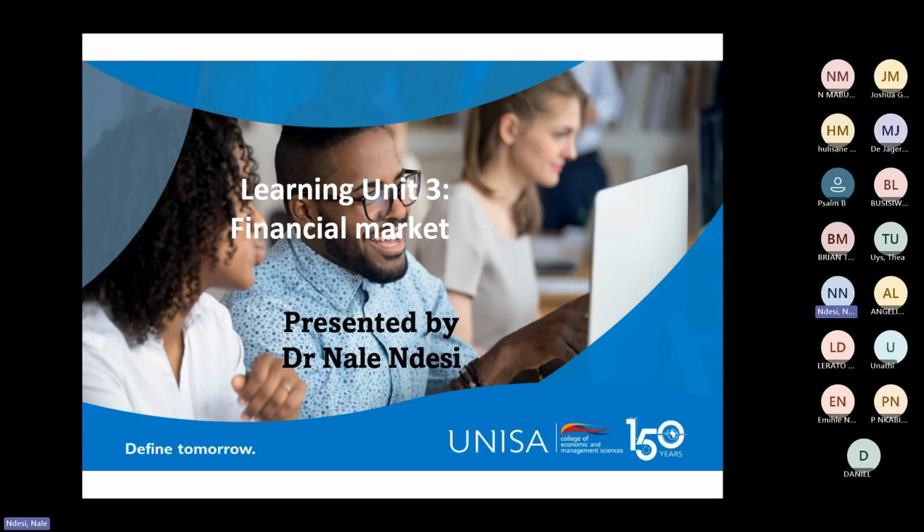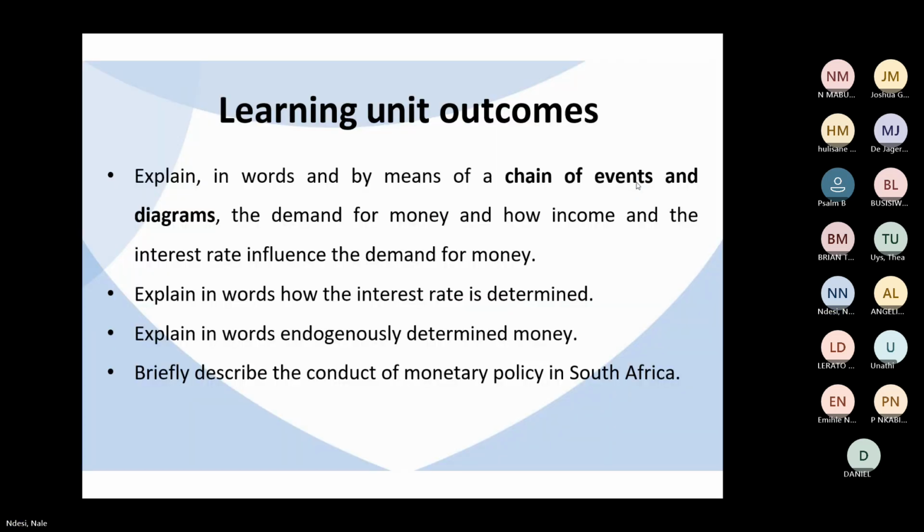Let me start with today's session. Today we are covering the financial market, which is your Learning Unit 3. Once you have worked through this learning unit, you should be able to explain in words, by means of chain of events and diagrams, the demand for money and how income and the interest rate influence the demand for money.